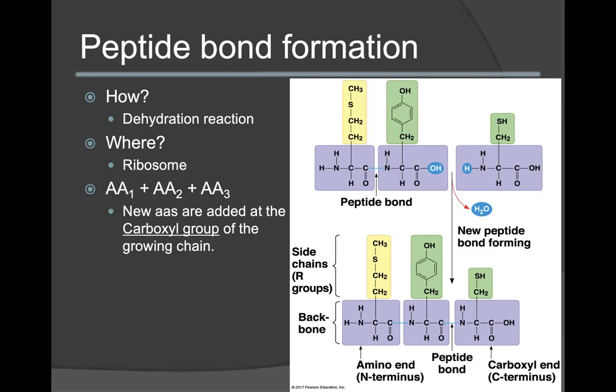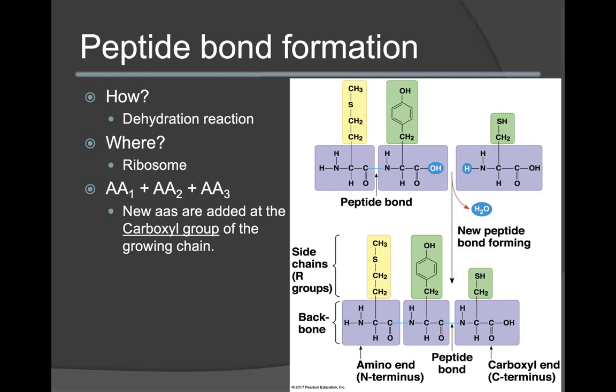This is done in a chain reaction where you begin with one amino acid, you then attach another one to form a dipeptide, another amino acid will join to form a tripeptide, and eventually this will continue on to form your polypeptide chain. New amino acids are always added to the carboxyl group of the growing chain.